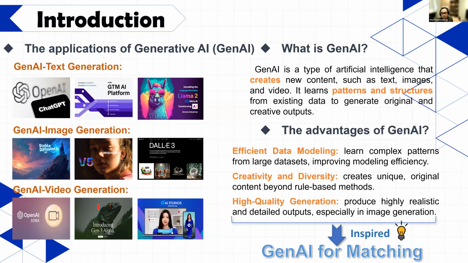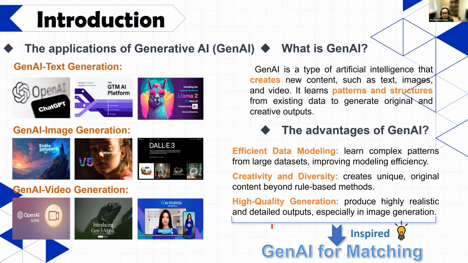I think everybody knows generative AI. So what is generative AI? Generative AI is the AI algorithm that is able to generate new content such as text, images, and video. Generative AI learns the pattern and structure from existing data to generate original and creative output.